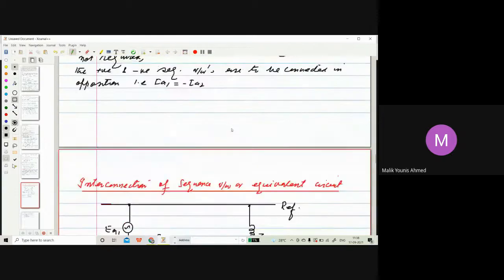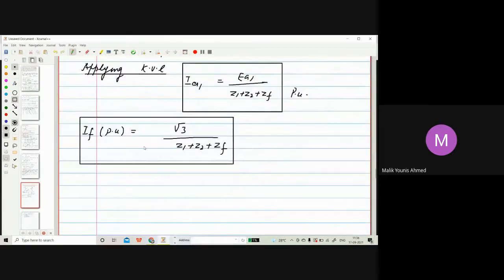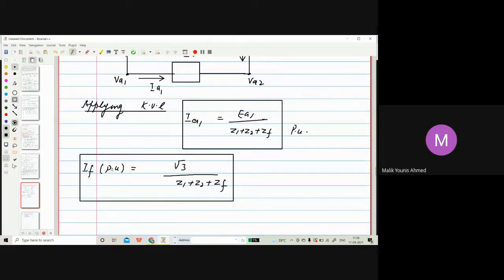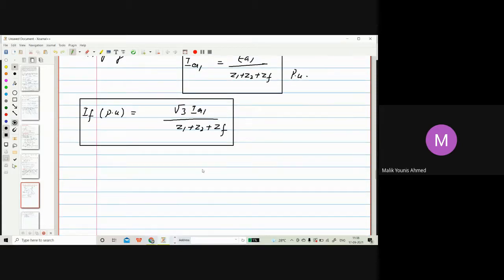So instead of IF, I will be writing under root 3 IA1. So this will be under root 3 IA1 here, divided by this impedance.